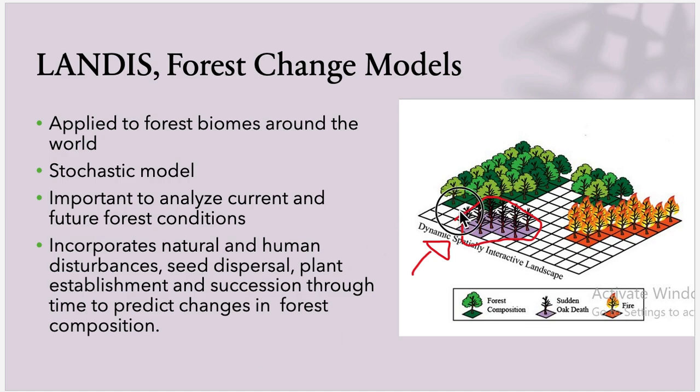Also, this is the forest composition on this side of the satellite imagery, and we can see that the changes can occur due to periodic disturbances such as wildfires, like we see here. LANDIS incorporates natural and human disturbances, seed dispersal, plant establishment, and succession through time to predict changes in forest composition through spatial and temporal scales.